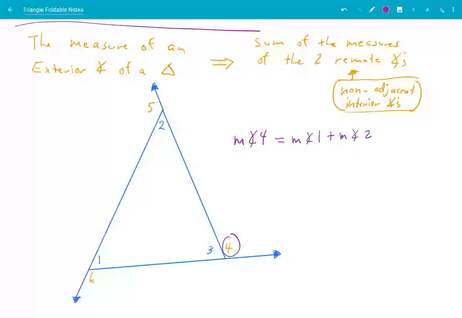The non-adjacent interior angles. So 1 plus 2 equals 4. And we can also say the measure of angle 5 equals the measure of angle 1 plus the measure of angle 3. And also for angle 6, that equals the measure of angle 2 plus the measure of angle 3.